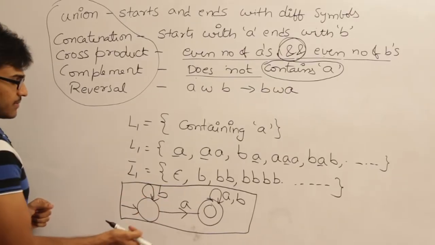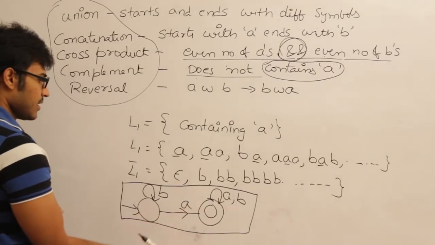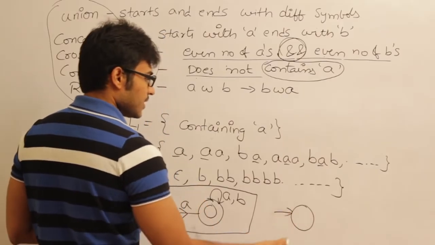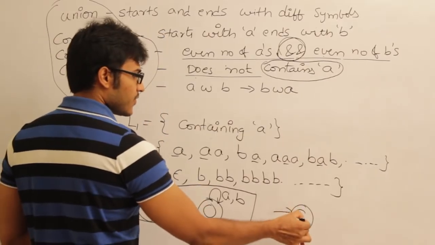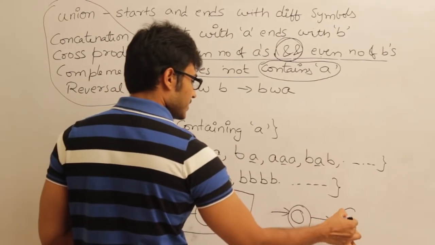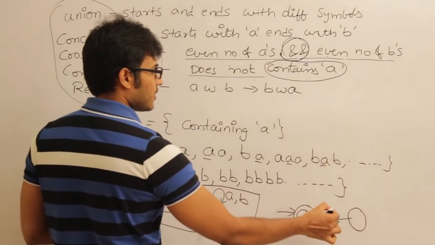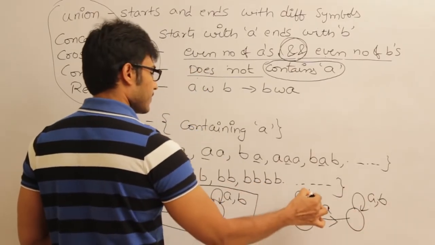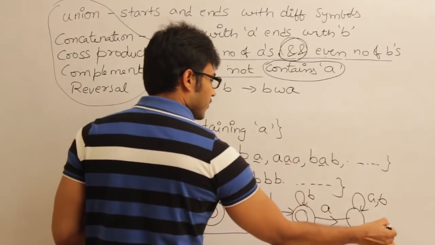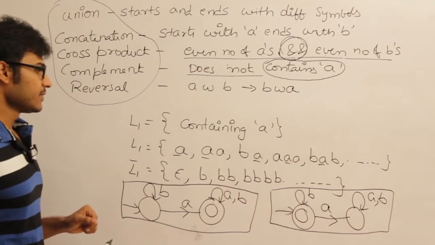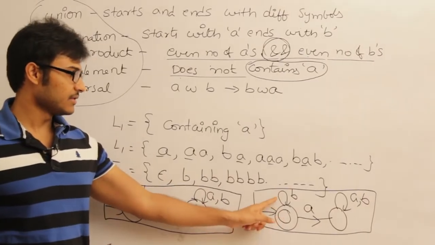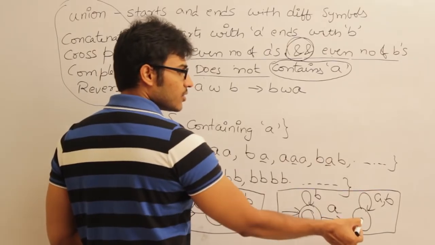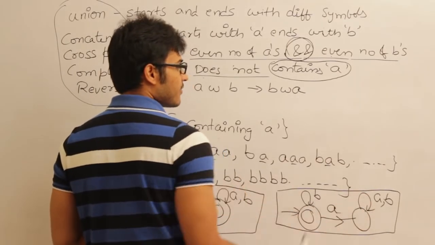Now what you should do is make all non-final states final and final states non-final. So for complementation, the non-final state has to be made final and the final state has to be made non-final, and the rest is the same. Now check this. Initially epsilon will be accepted, any number of B's will be accepted, but if I see one A, that will go to the dead state and reject everything from there.